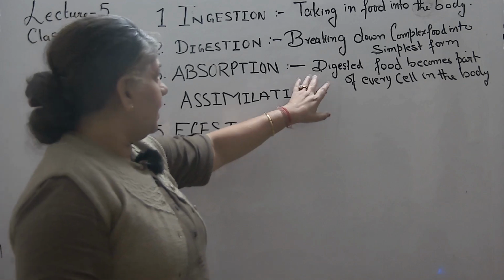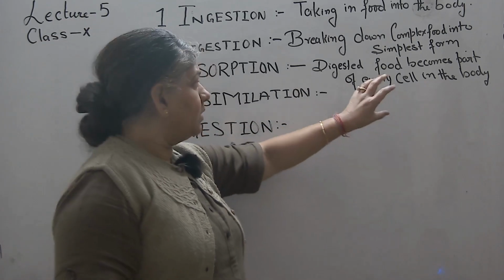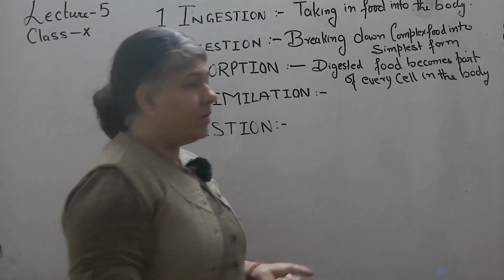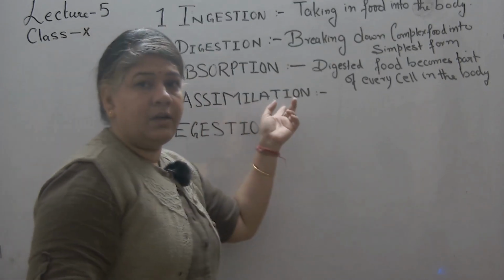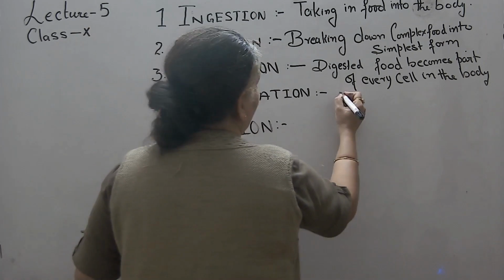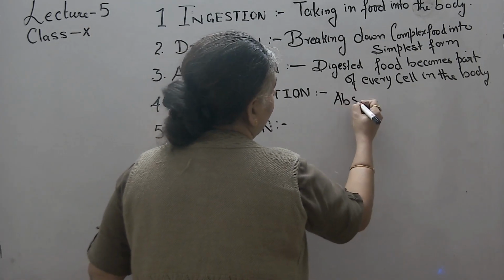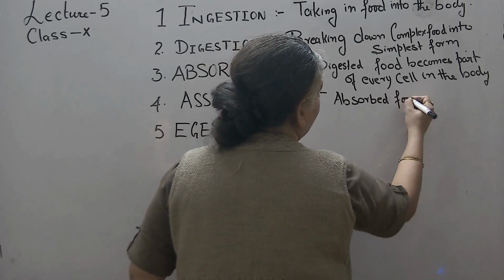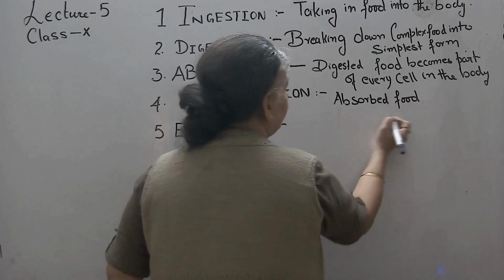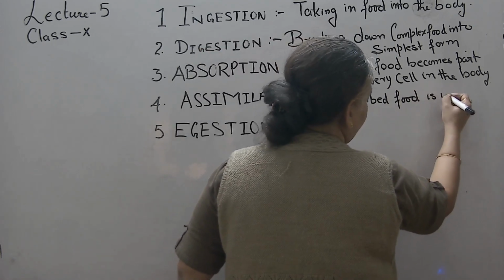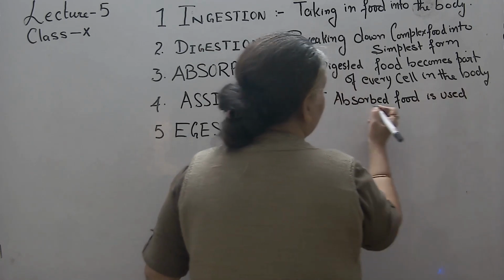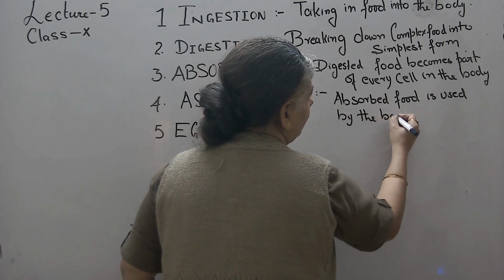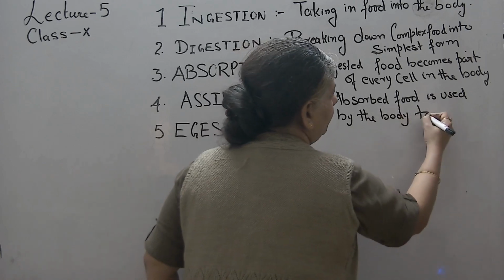Assimilation means these absorbed food particles or the molecules now are ready to provide energy to the organism. So this comes under assimilation. So absorbed food is used by the body to produce energy.